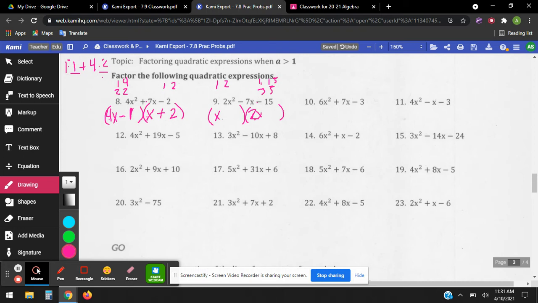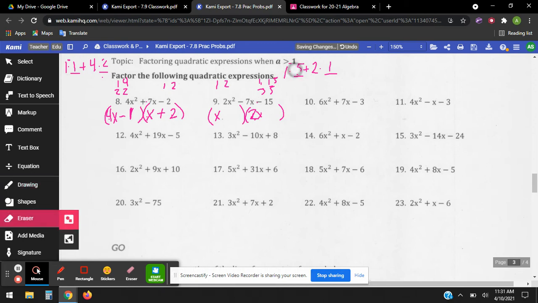To get a 7, let's try 1 times what plus 2 times what. Well, if I do a 2 times 3, that's 6, but I need to have a negative. Let's just try the 15 here and 1 here. So if I have a negative 15 plus 2, that's only 13. So that one won't work.